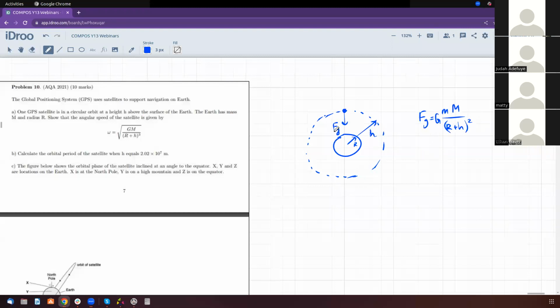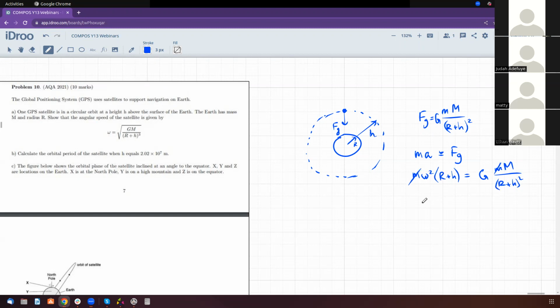Now, we know that this force is the centripetal force. So ma equals Fg, but we know that a is the centripetal force, so m omega squared r, where r is the radius of the orbit, so r plus h, is equal to GM over (r plus h) squared, and m cancels.